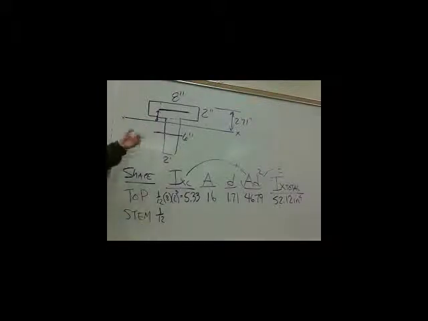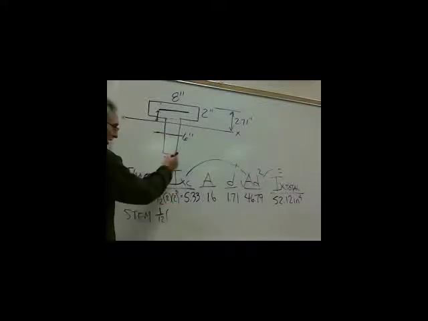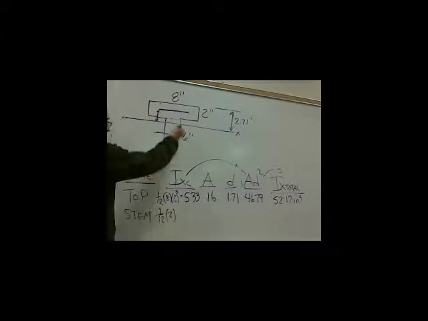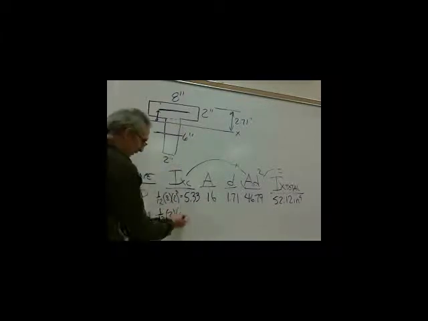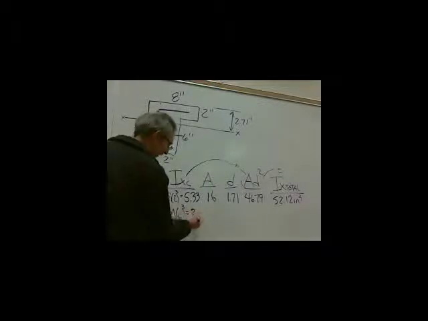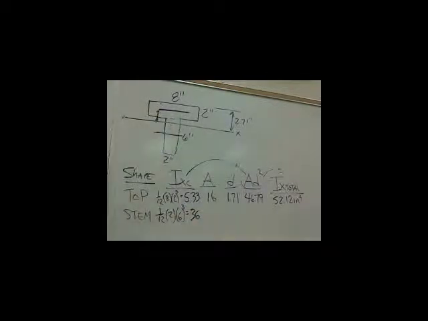Rectangle 6 by 2. What's my base? 2. The base is always the side parallel to the axis. My height is 6. I'm going to cube that. 1/12, 2 times 6 cubed, and I end up with 36. Again, the units would be inches to the fourth.